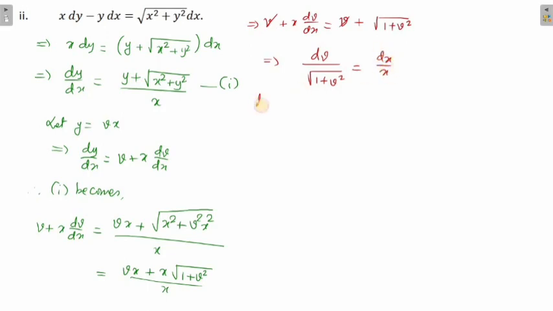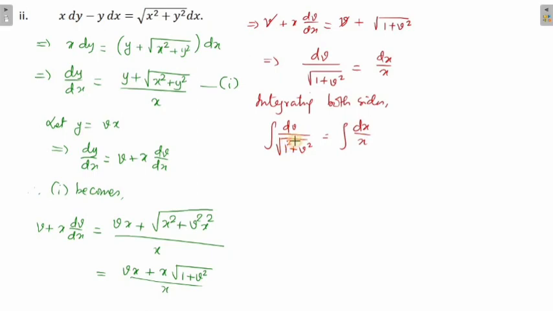Now integrating both sides, let's see what we get. After integration you get integral dv by root over 1 plus v square is equal to integral dx by x. Can I write this in the form of a square plus x square?